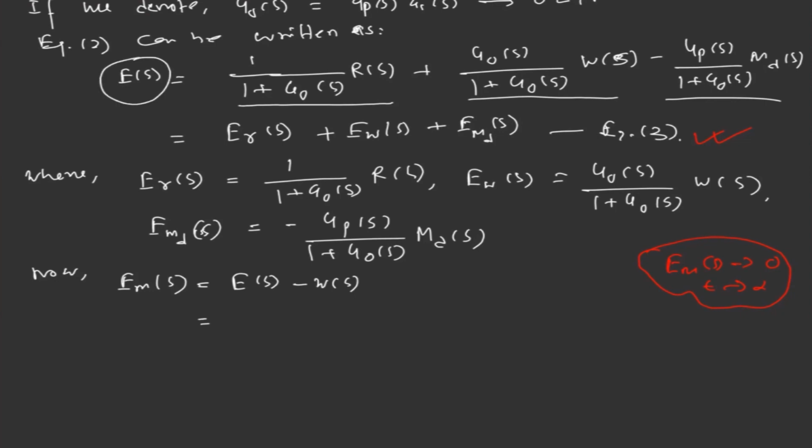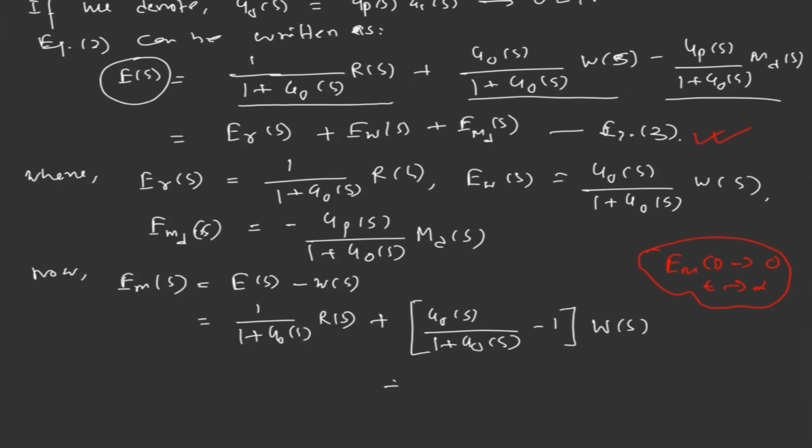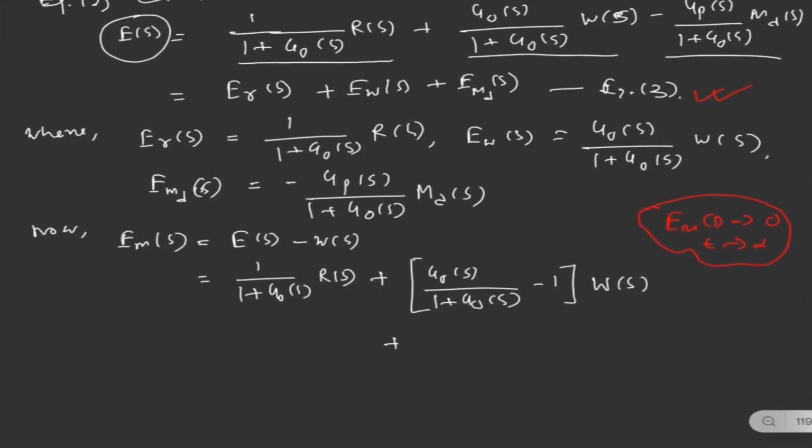we can write 1 over 1 plus G naught of S times R(S) plus G naught of S over 1 plus G naught of S minus 1 times W(S) and plus minus GP of S over 1 plus G naught of S times MD(S).